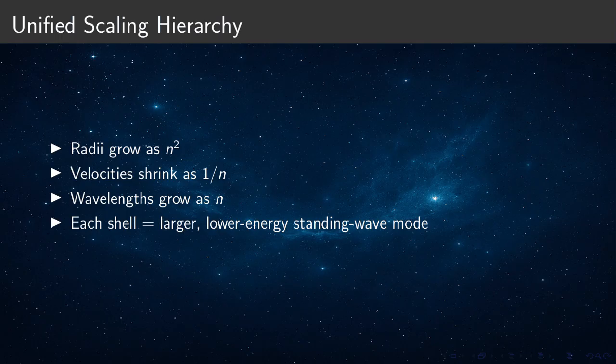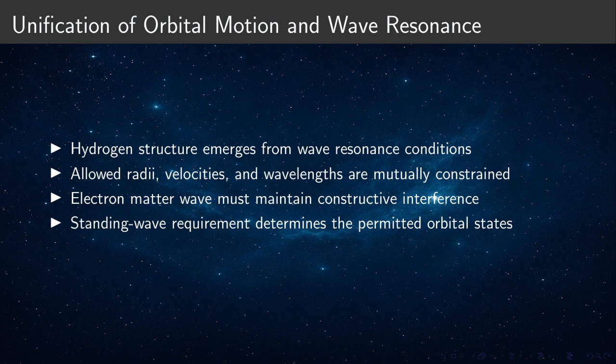Unification of orbital motion and wave resonance. The relationships above demonstrate that the structure of the hydrogen atom emerges naturally from wave resonance conditions rather than being imposed as an independent quantization rule.